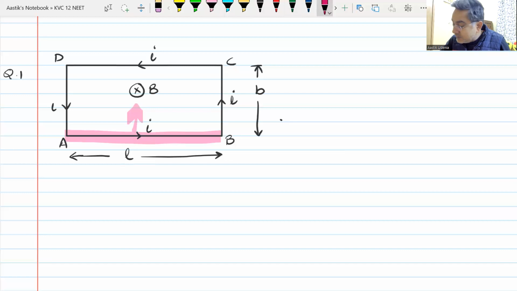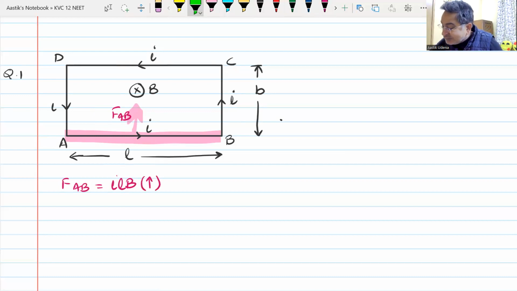If I call this force FAB, the value of FAB, force on AB, will be I into L into B. The angle is 90 degrees and it is in the upward direction. I hope everyone understands this.